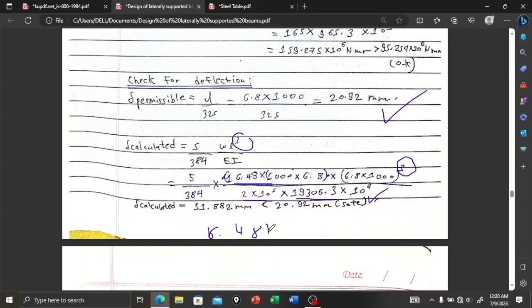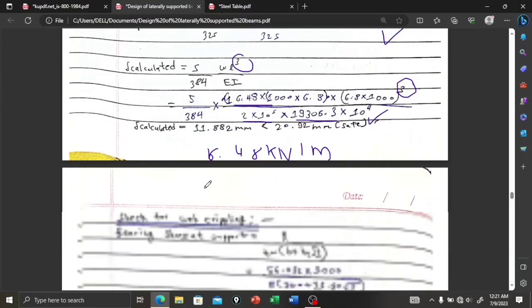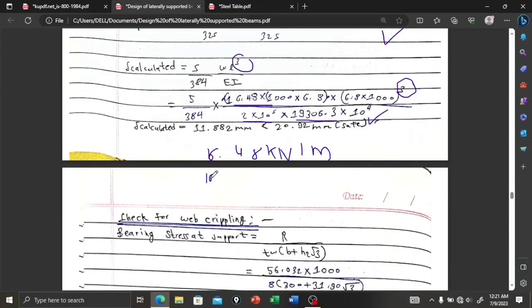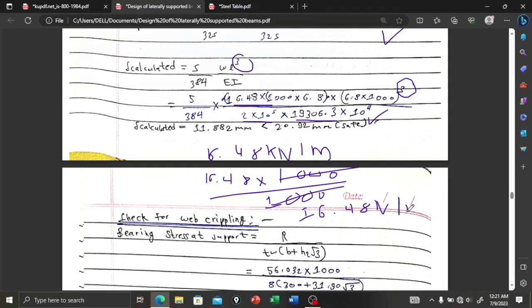16.48 kilonewton per meter, that is 16.48 in Newton it is 1000, divided by 1 meter. 1 meter is 1000 millimeter, so it is 16.48 Newton per millimeter.